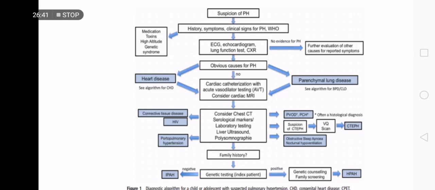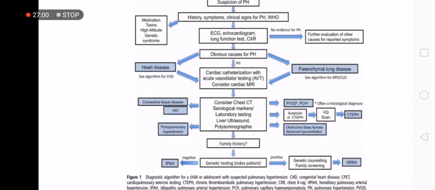If we have unclear cardiac cath results, or if there is a life-threatening situation for which cardiac cath might not be indicated. We have to exclude HIV and portopulmonary hypertension.